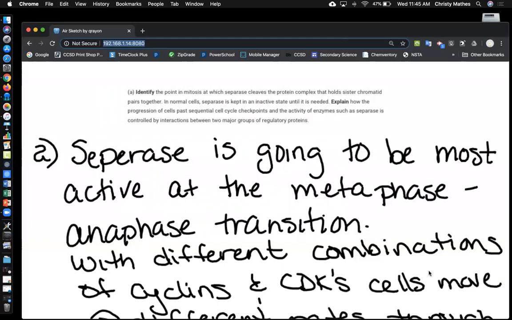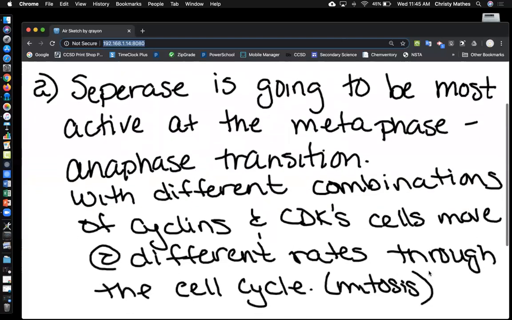You could also put mitosis here, right? So now you've explained why separase is going to be important. Because if separase is not present, it is not going to be breaking those sister chromatids apart. So the regulatory proteins are not going to initiate the mitotic cycle. Okay? So that right there would give us the perfect answer to part A.